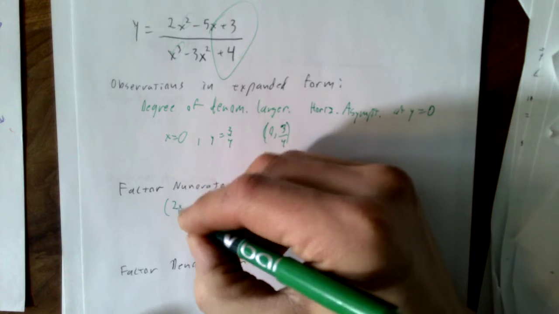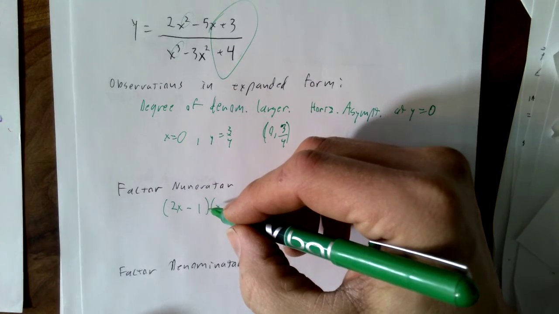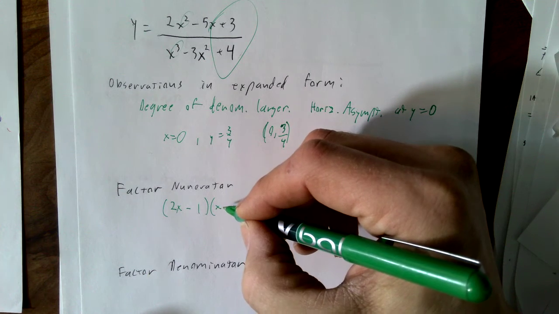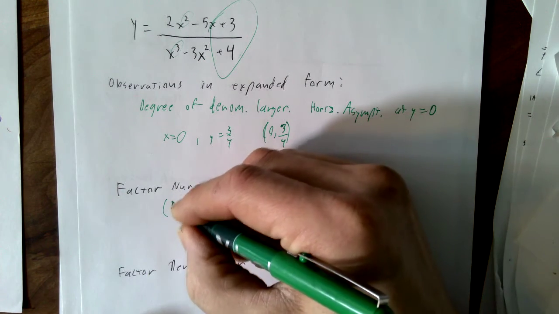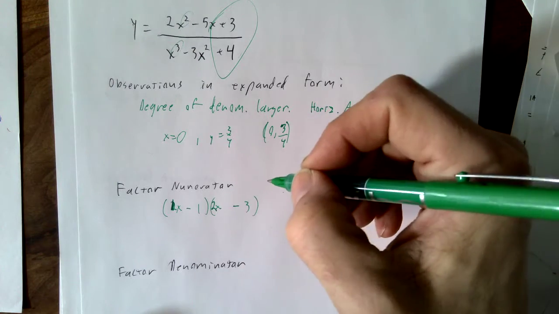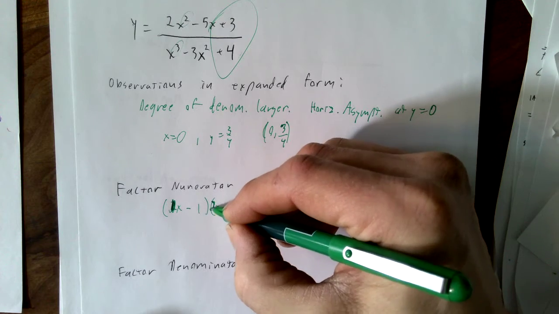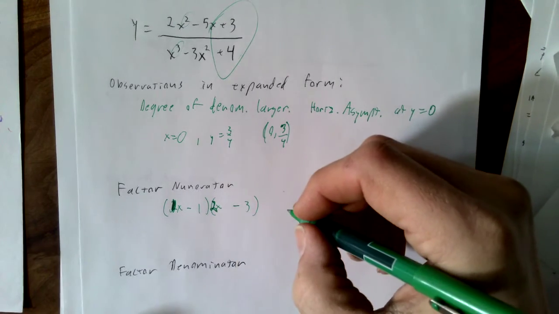If I have 2x and x, this works as... No, that's not right. 2x is on the other side. That's negative 2x and negative 3x adds up to negative 5x. Yeah, so that's the 1 and that's the 2. That's correct.